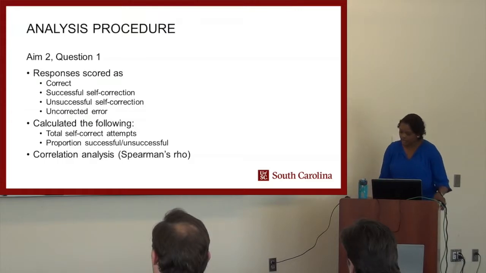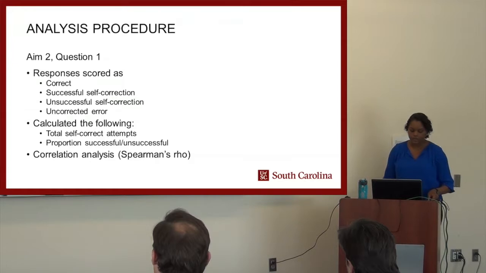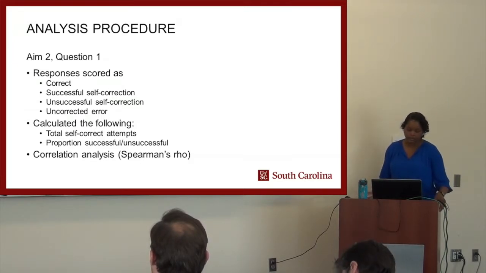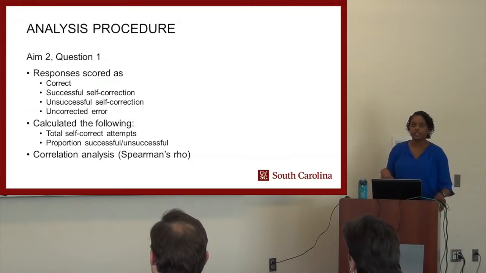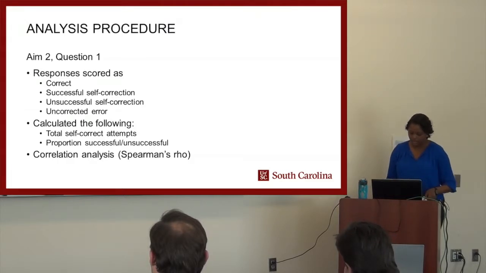So from this, we calculated the total amount of self-correction attempts out of the total amount of errors. We looked at both the complete total, as well as successful and unsuccessful attempts separately, as well as the proportion of total self-corrections that were successful versus unsuccessful, and then conducted a correlation analysis.